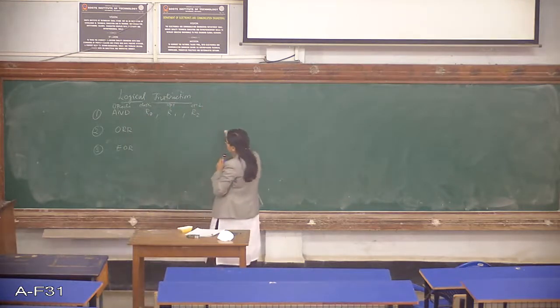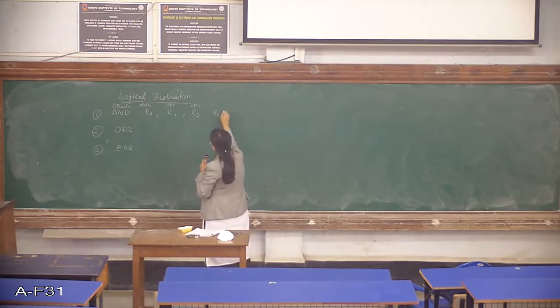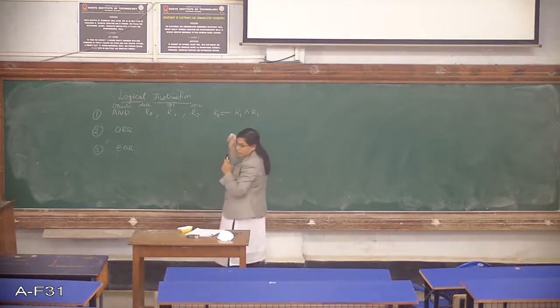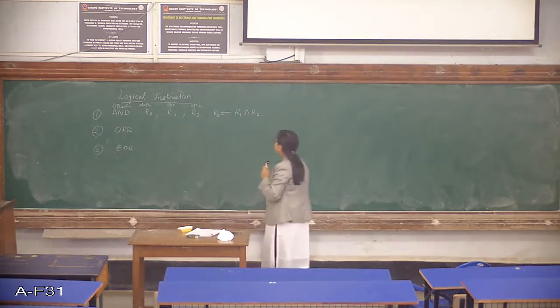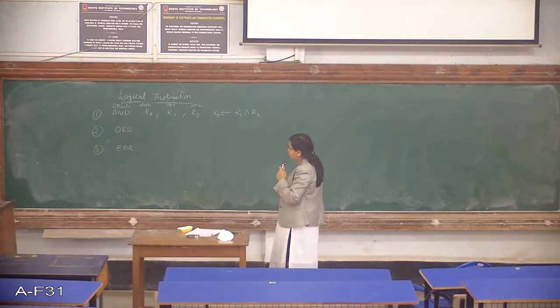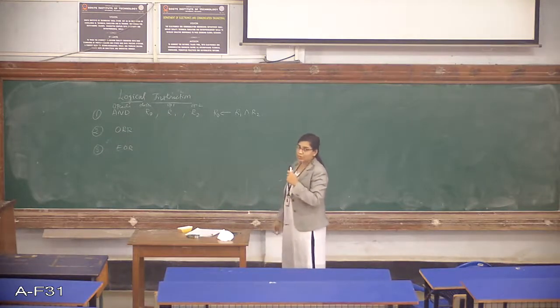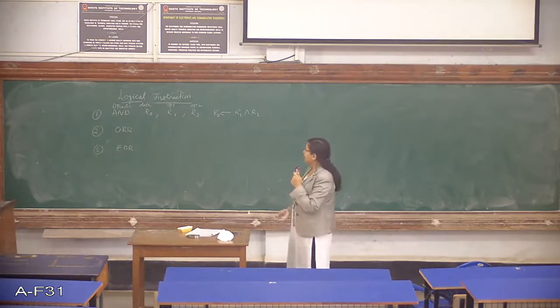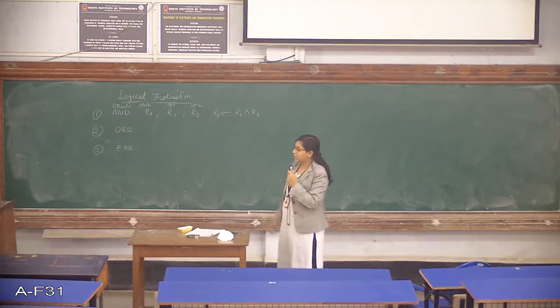How exactly is this instruction working? In R0, you will have the result of R1 ANDed with R2. So you can take a simple example, take some value in R1, take some value in R2, AND it, get the result, and store it in R0.